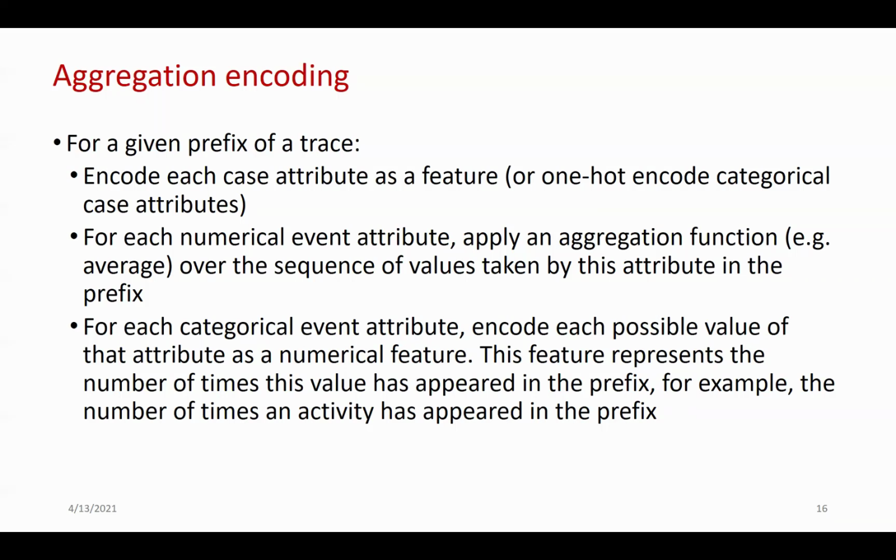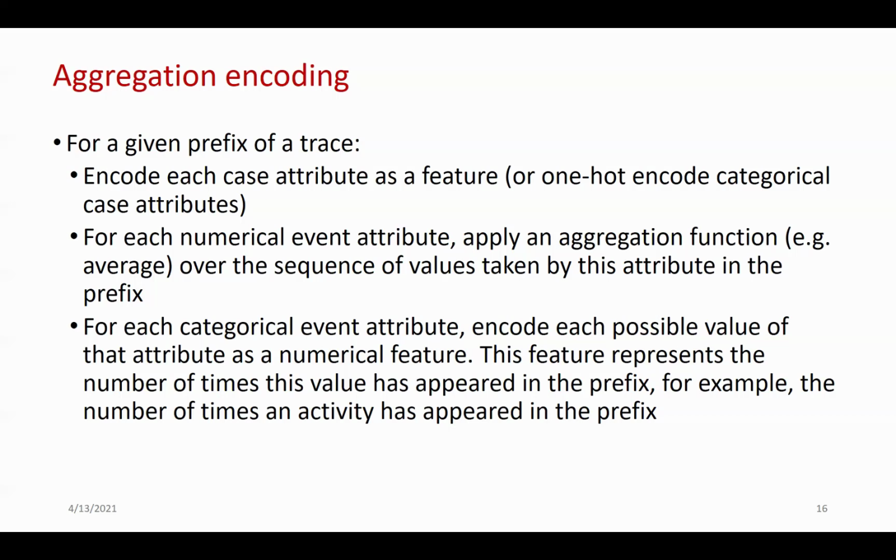And that could be, for example, the average. If I have seen 3 loan amounts, I'll take the average, but I could have taken the maximum or the minimum or the median. It generally doesn't change too much, and we will typically settle for the average unless there is a specific need to use a different aggregation function.